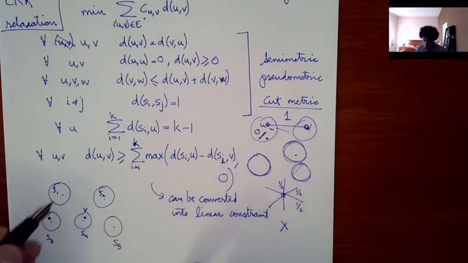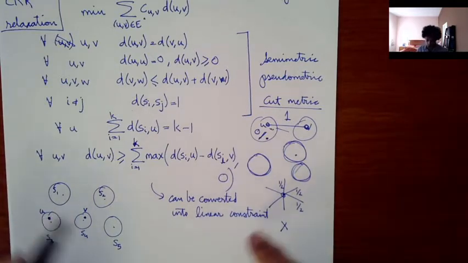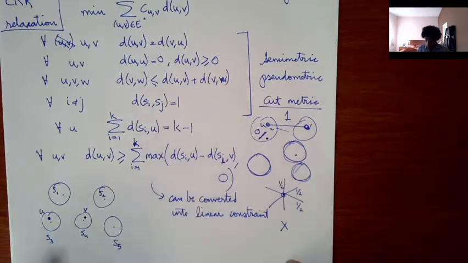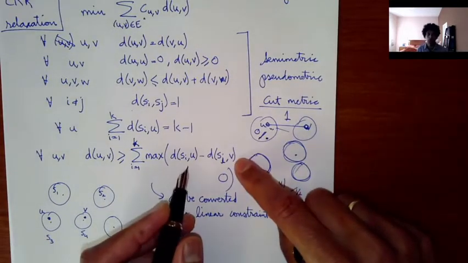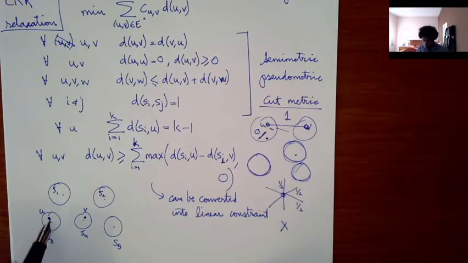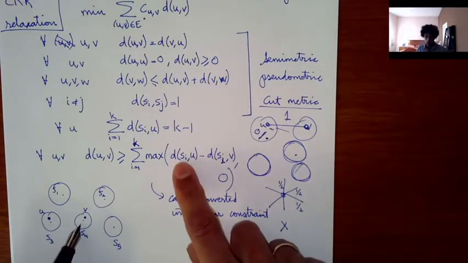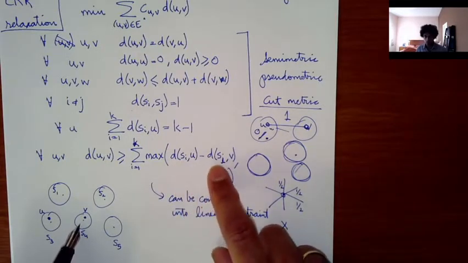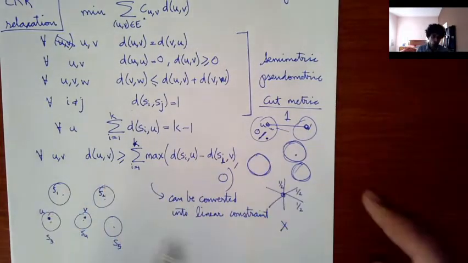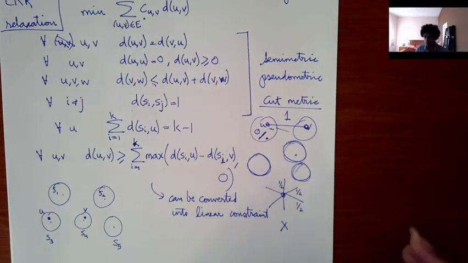So the distance from u to S1 is 1, the distance from v to S1 is 1, so all of those are going to be 0. But for S3, u has a distance of 0 and v has a distance of 1, so again this becomes 0. But the distance of u to S4 is 1 and the distance of v to S4 is 0. So then this becomes 1, and hence d(u,v) is greater than or equal to 1.